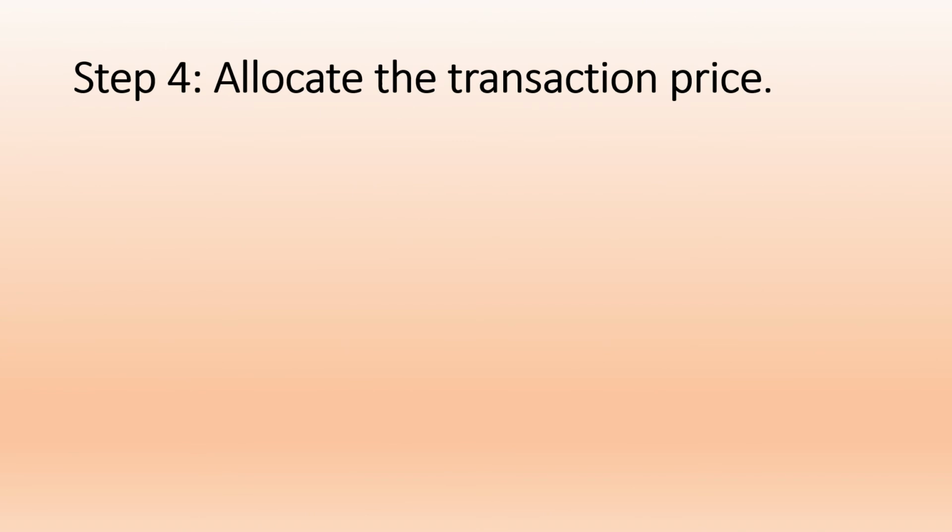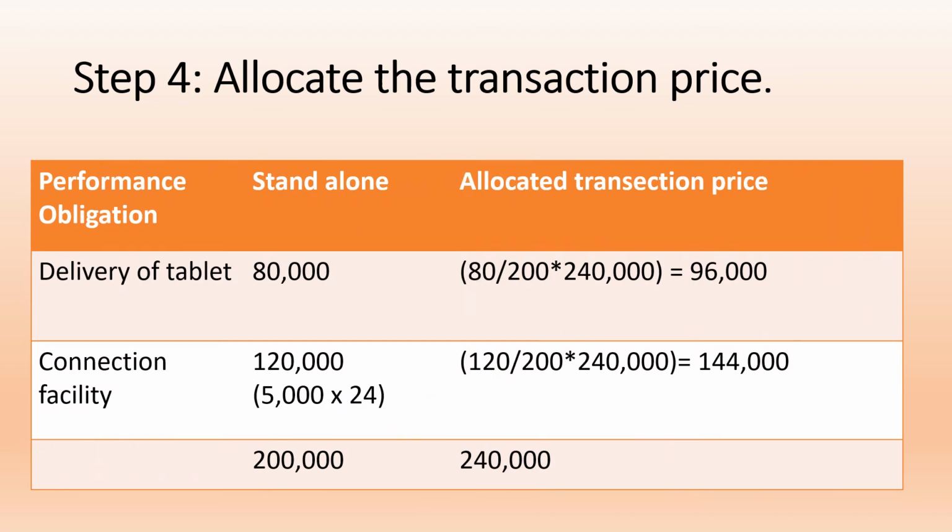Now let's move on to the next step, allocation of the transaction price. Since we are familiar with the proportionate allocation of the standalone price, I will directly move into the allocation table. So there are two performance obligations: one is to provide the tablet, another is to provide the connection facility.